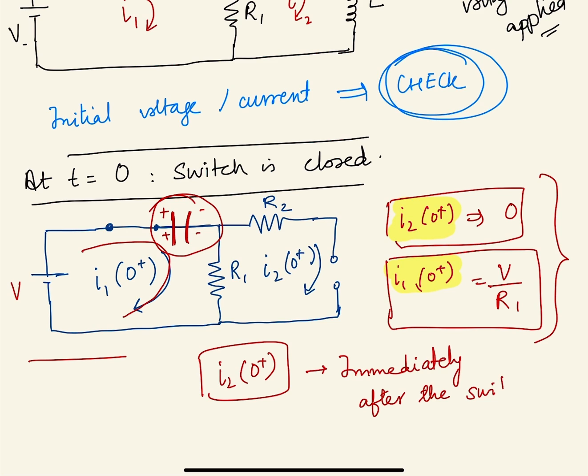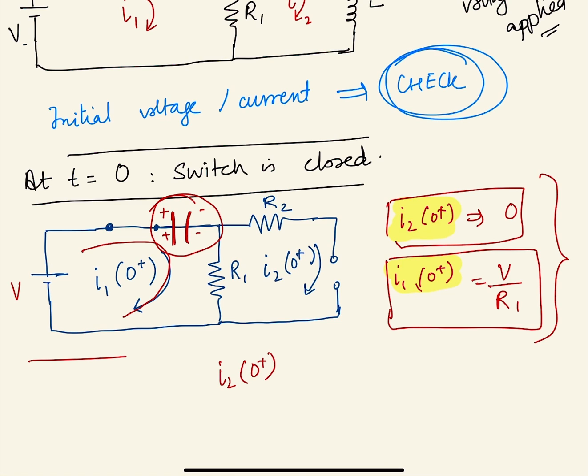So you must not confuse this, that we simply remove the capacitor or we simply remove the inductor. That is not the case. This is just for the sake of simplicity and for evaluating how these things are going to behave.